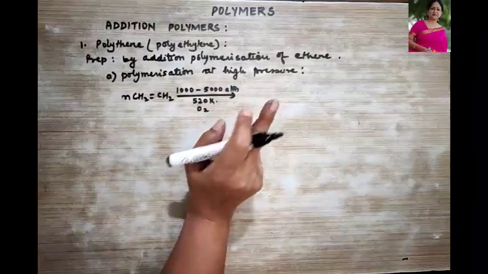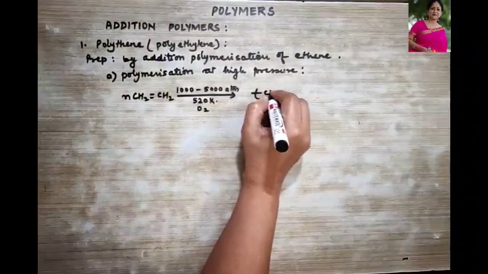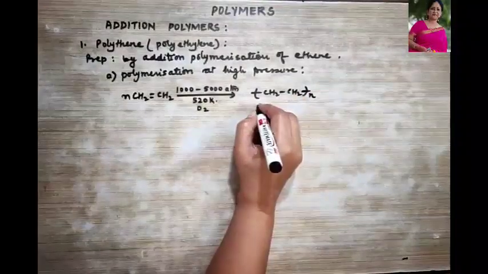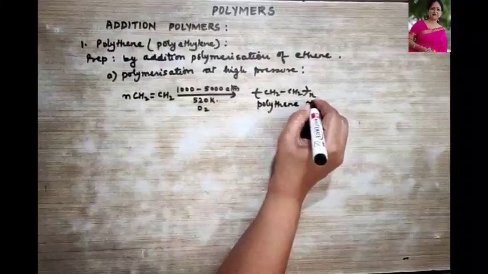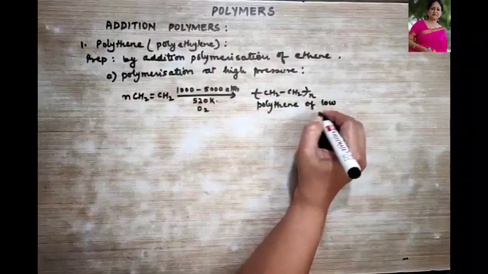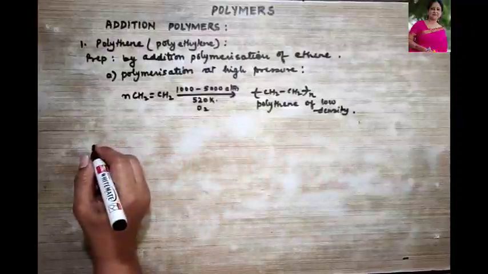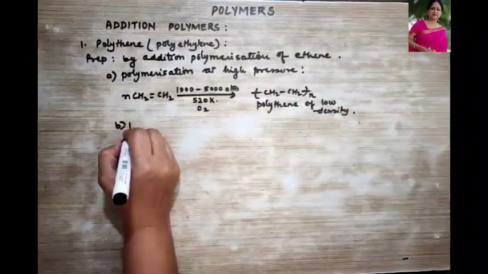We get polythene of low density. Is this point clear?